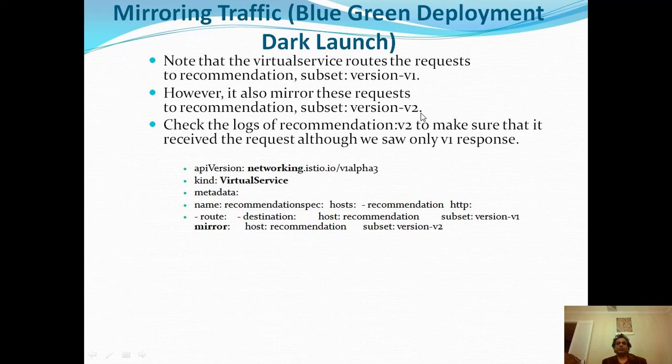The users won't see it, but it's like a parallel send. Through a log file or something, you could watch what happens and verify if it is worthwhile. If there is no error, then you can switch to green. So how do you do that?